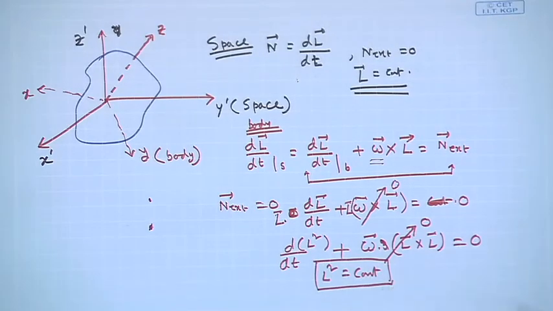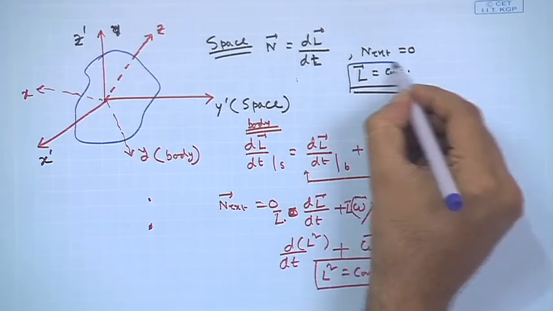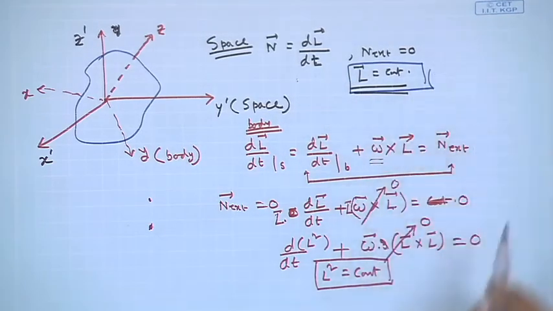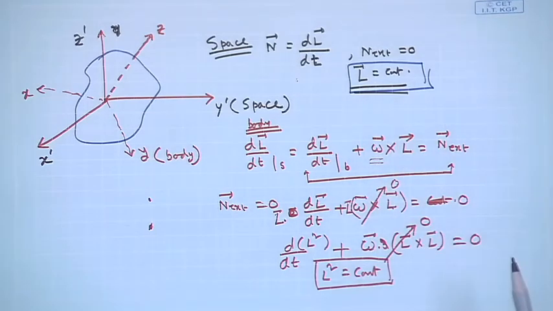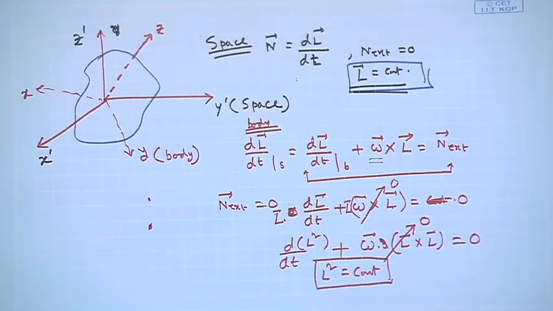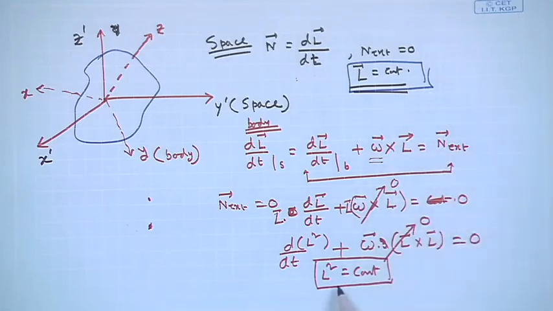If you are observing this from the space set of reference frame, then total angular momentum is a conserved quantity. But when you are observing it from the body set of axes, that means as an observer rotating along with the rigid body, you do not get angular momentum as constant, but the magnitude of angular momentum is your conserved quantity.